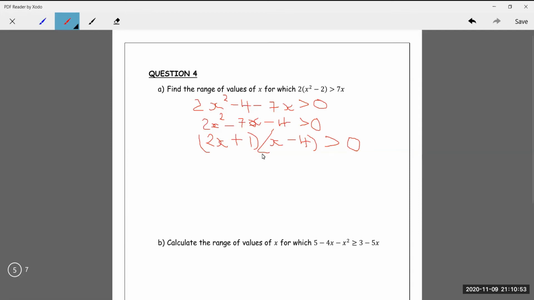Now when we reach right here, a lot of persons get confused or flustered and don't know what to do. What I want you to do is always picture the graph in your head.